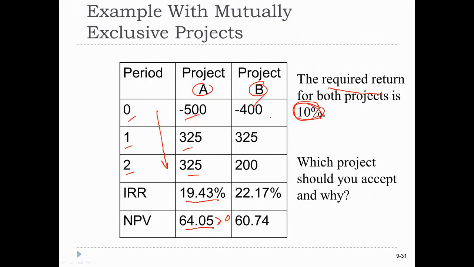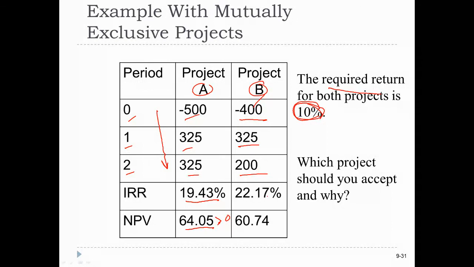We also have Project B up here, which is similar in length at least. It has a lower initial cost, 400 rather than 500. Same cash flow in year one, somewhat lower cash flow in year two. So it has a lower cost and a lower incoming cash flow in year two.